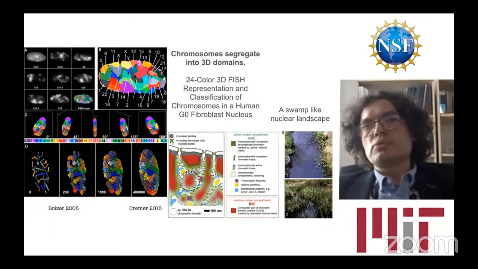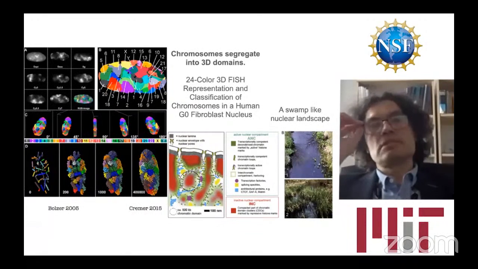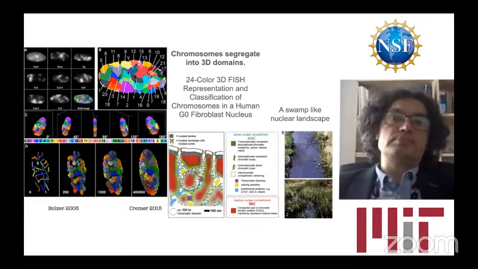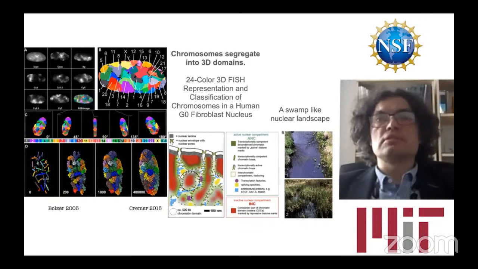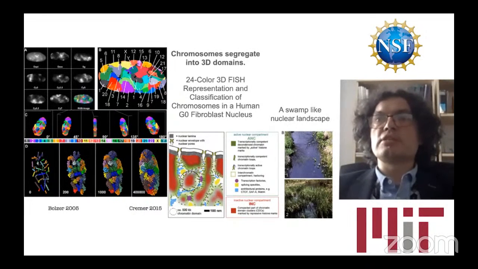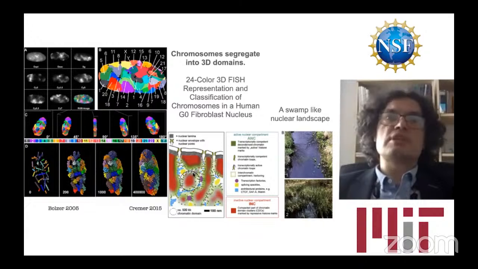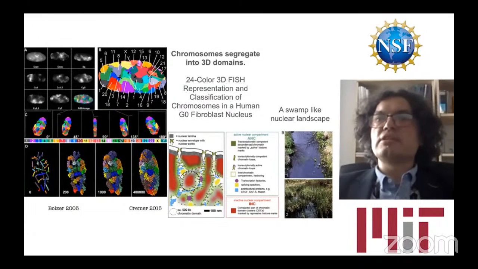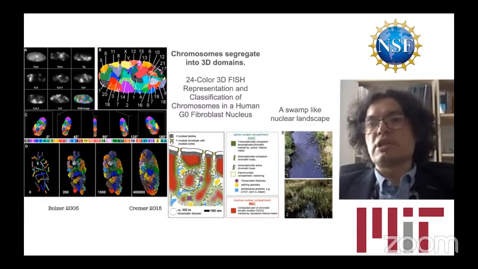So you can approximate the structure of the nuclear volume with a swamp-like landscape in which you have channels which allow you to transport quickly some biomolecules, like the channels here, and also some islands of dense regions which definitely slow down the interaction, slow down the transport, and so on.